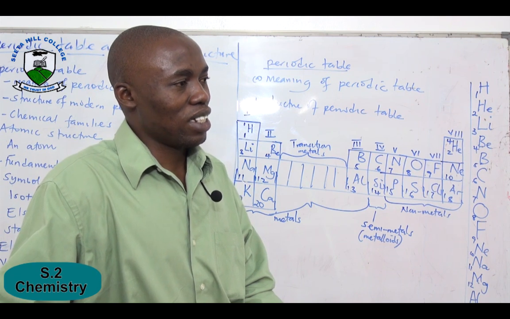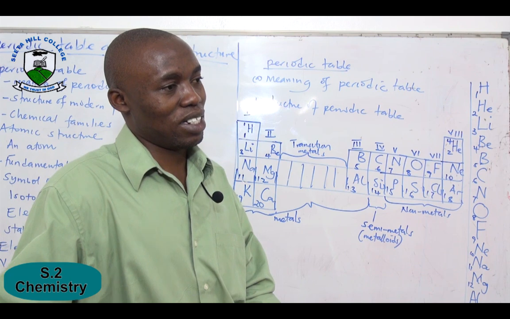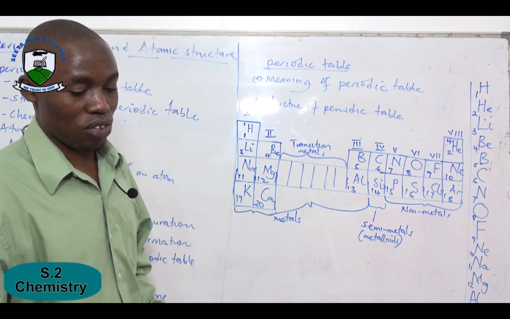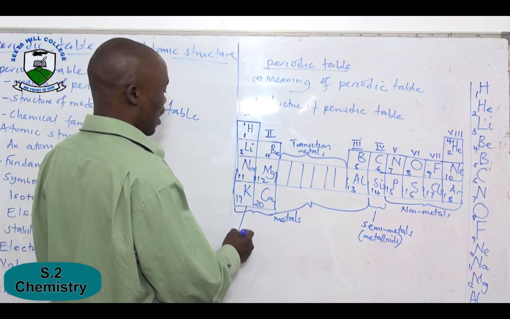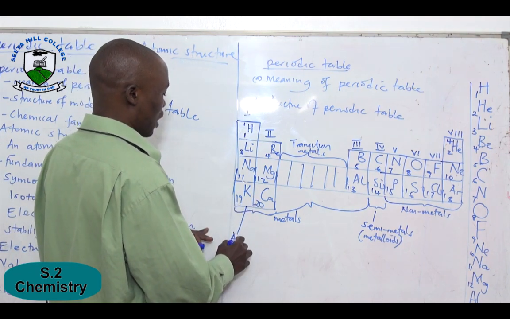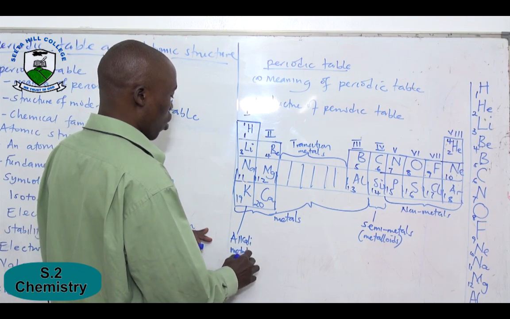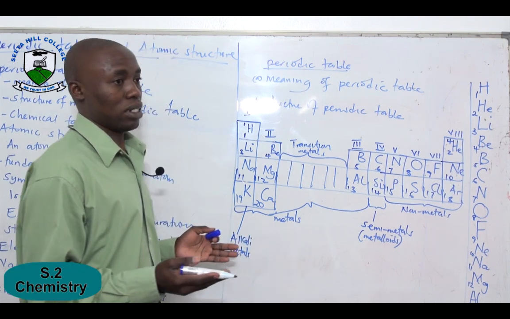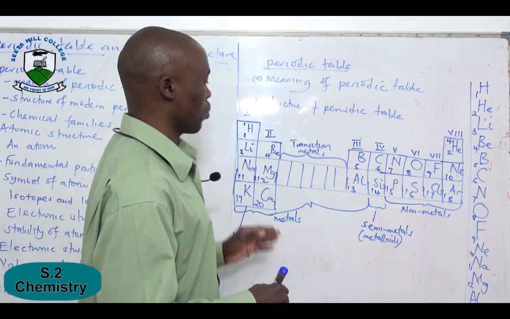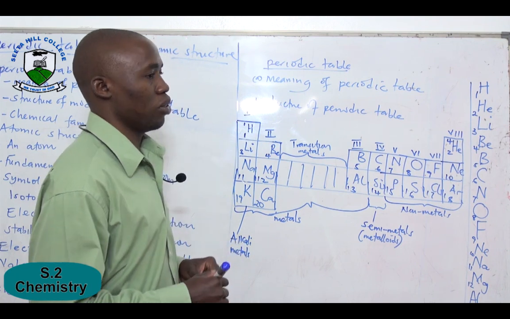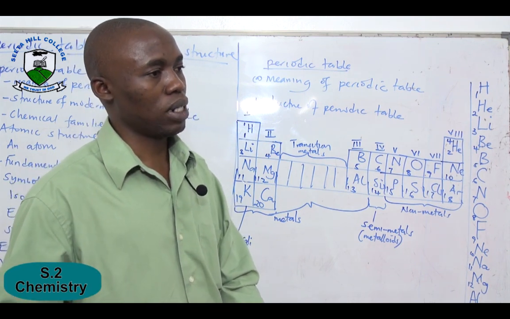Was it an acid? It was under bases, and we further said it is an alkali. Now, these elements, the first ones, have special names: alkali metals, because they go ahead to form alkalis. That is group 1.